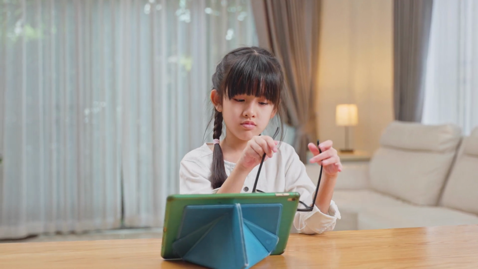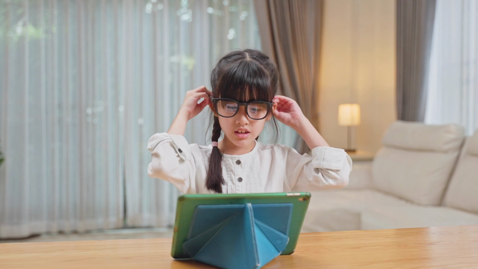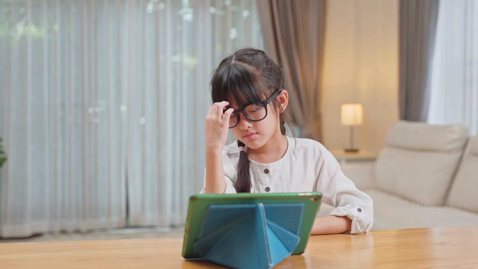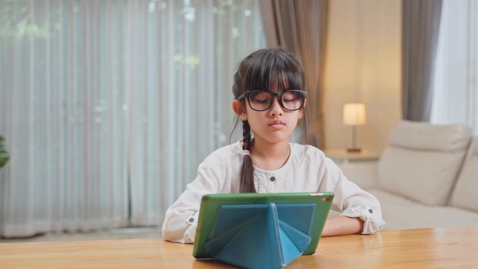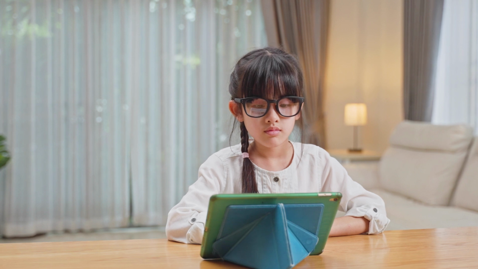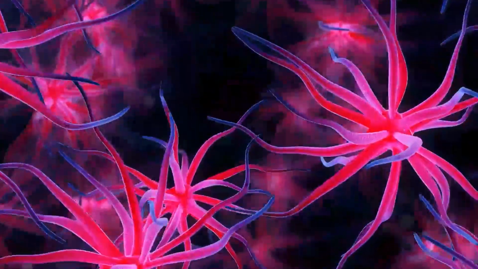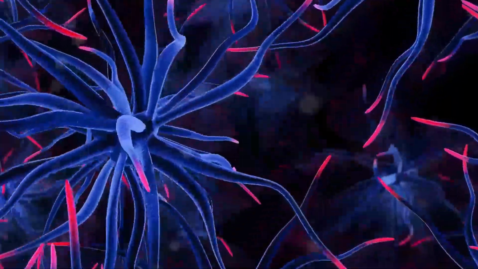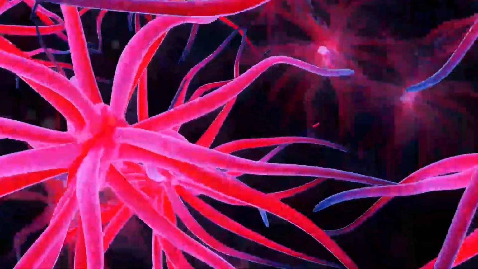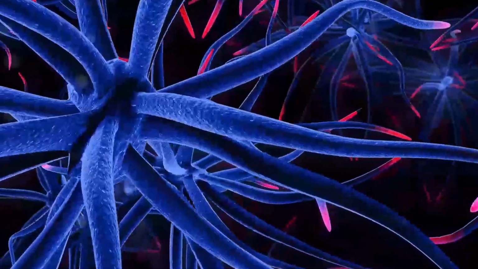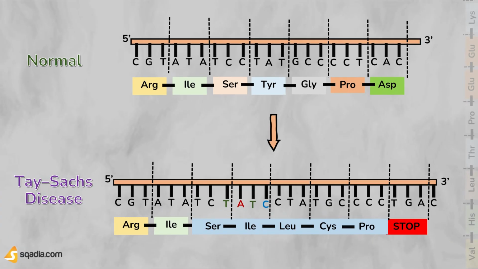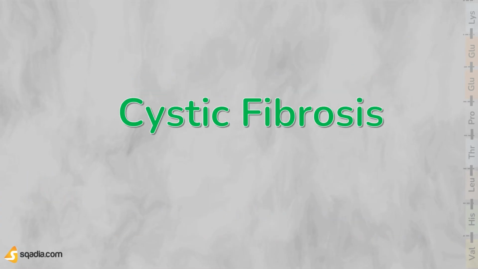It's caused by the absence of an enzyme that helps break down fatty substances. These fatty substances, called gangliosides, build up to toxic levels in the brain and spinal cord and affect the function of the nerve cells.